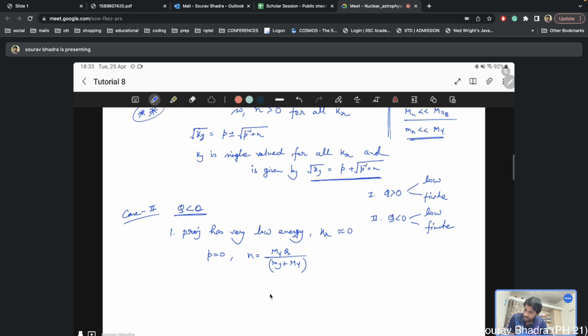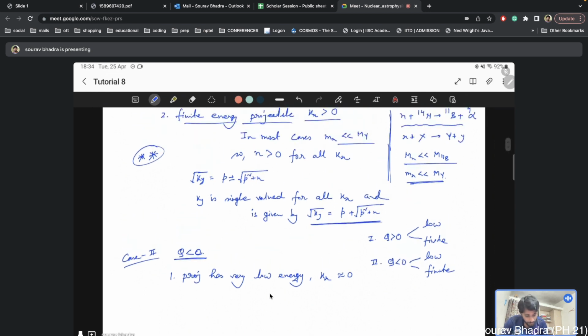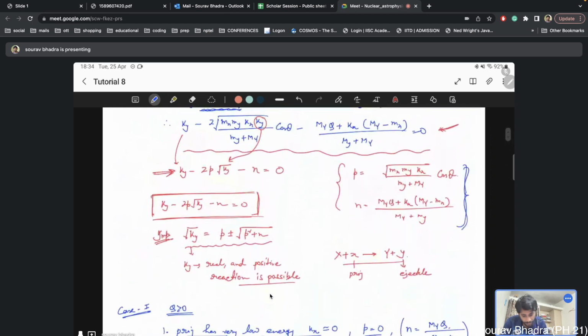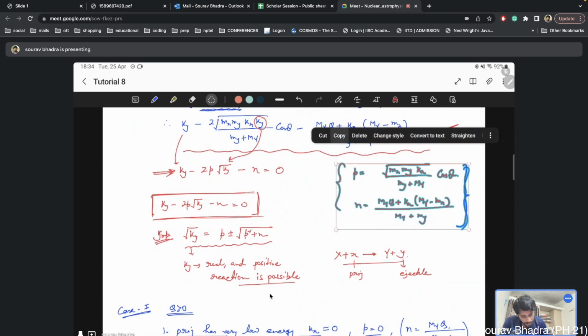For low energy projectile kx equals 0, and q less than 0. Okay, let us now go to that p. So let me put this 2 here.